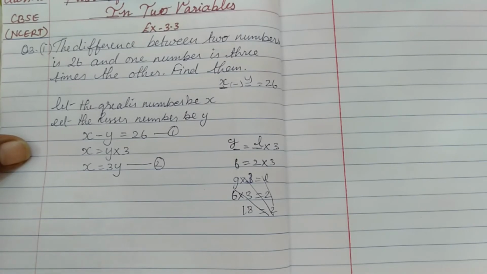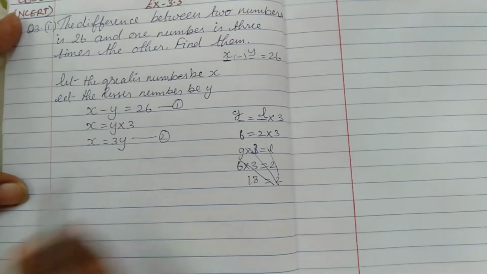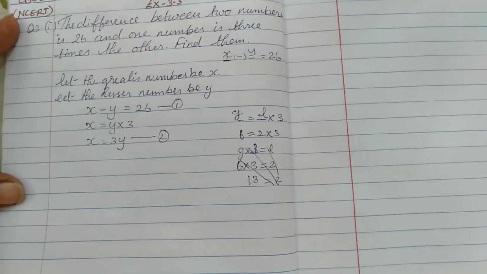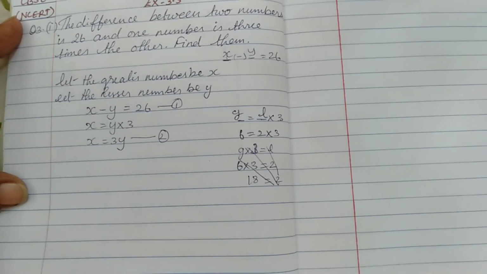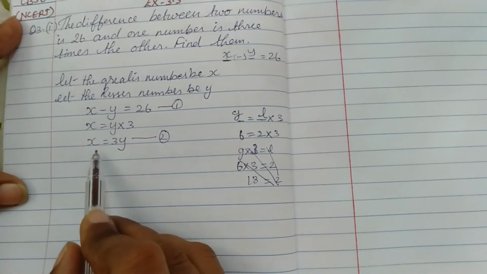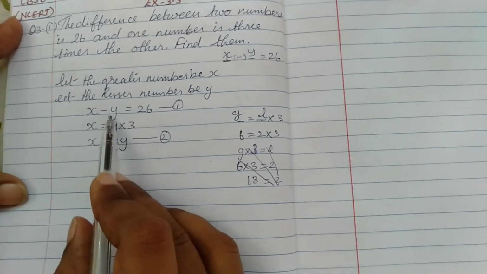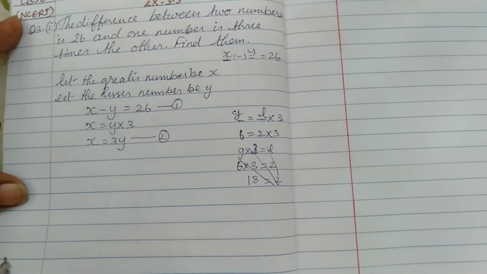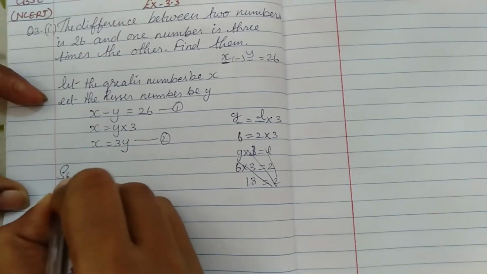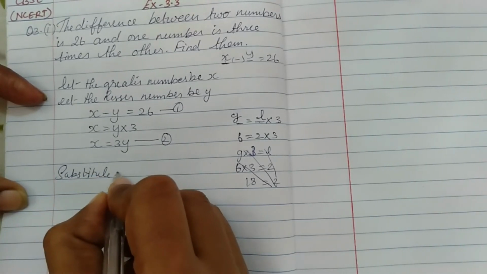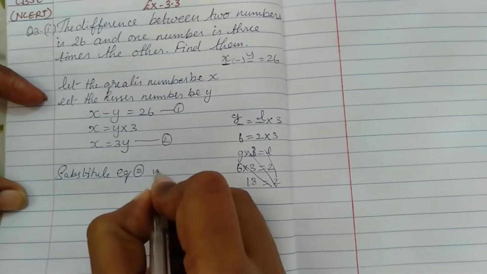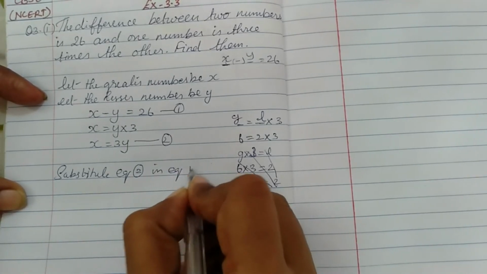Got it? Now here I need not find x in terms of y or y in terms of x, because this equation is already in the form of x in terms of y. So what we need to do is we directly substitute this into this equation and then find the value of y. So let's substitute equation number 2 in equation number 1.